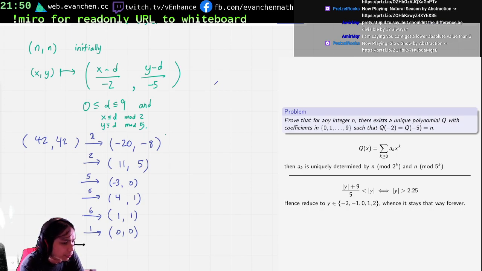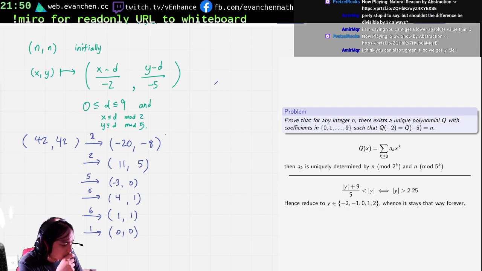Actually, even the -2 case I don't think will show up. So if you have -2, your digit can't be 8, or it could be 8 actually. No, I'm a little worried actually. So if y is -2 and you get the digit 8, your next number is 2, right? Plus 2.